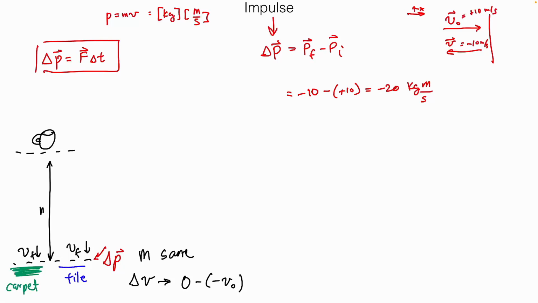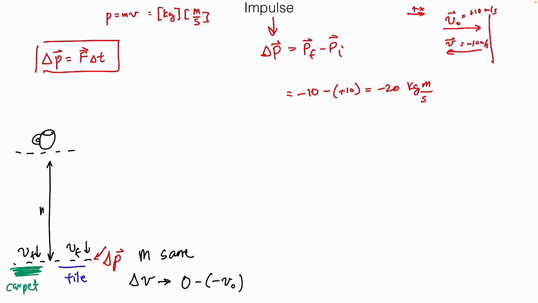The carpet's softer, right? There's cushioning, right? The carpet absorbed the impact. These are the kinds of words that we would use to describe what's going on. Cushioning, absorption, those are words that are talking about taking more time for the impact to happen.